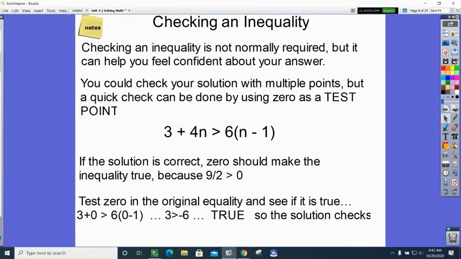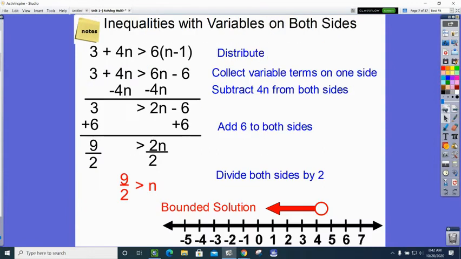So here's where you can catch if you missed the glitch. Checking an inequality is not required, but it can help you feel confident about your answer. You could check your solution with multiple points, but a quick check can be done just by using one test point. In this particular case, and I love the number 0, see how 0 is part of the solution.